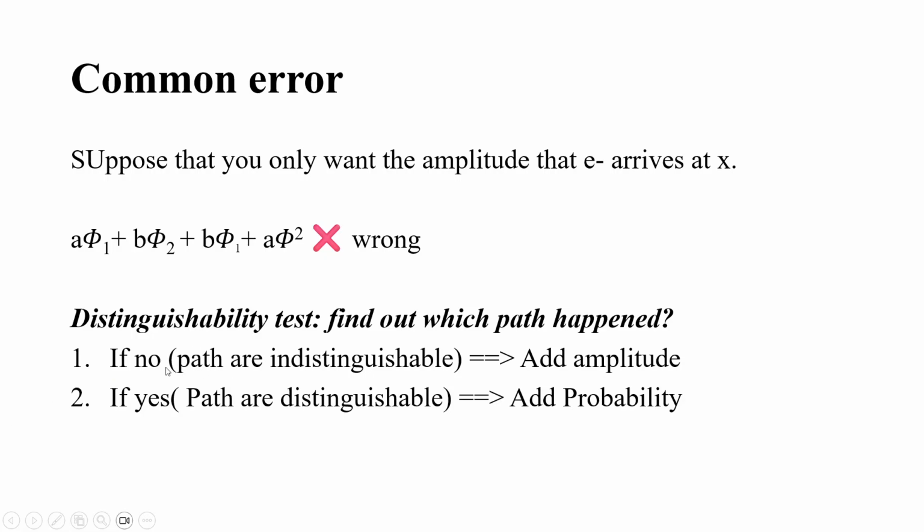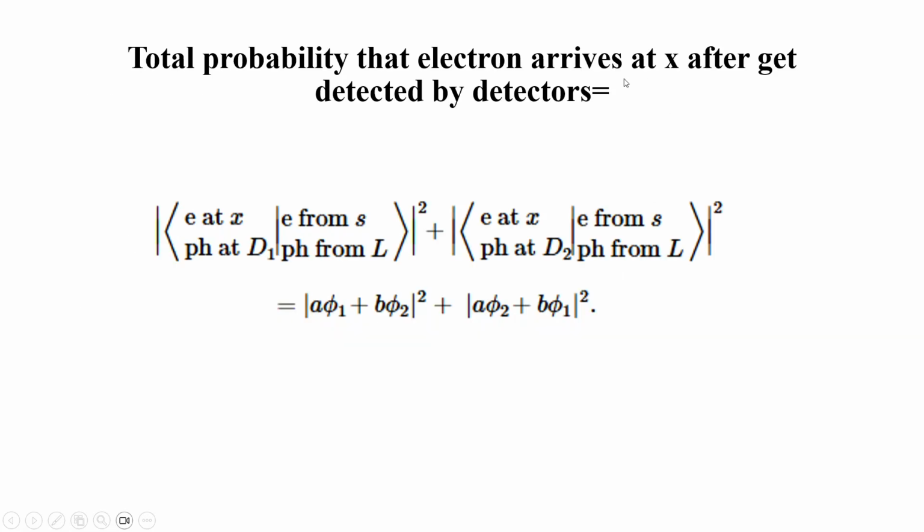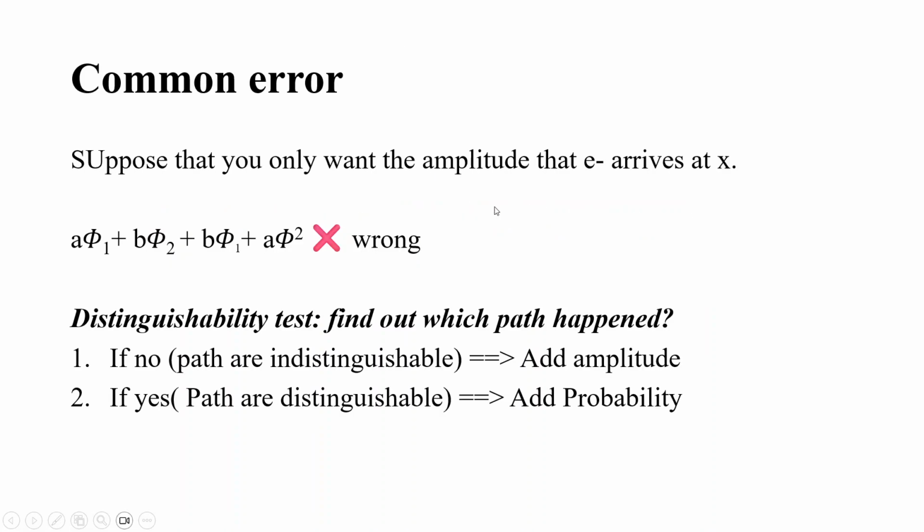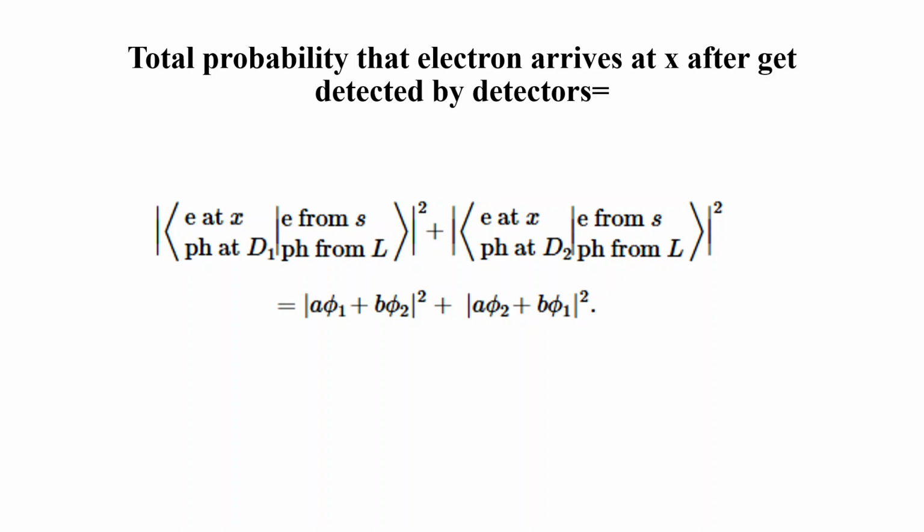If you can say paths are indistinguishable, you can just add the amplitudes. If paths are distinguishable, add probabilities. So here, paths are distinguishable, so we just add up the probabilities.